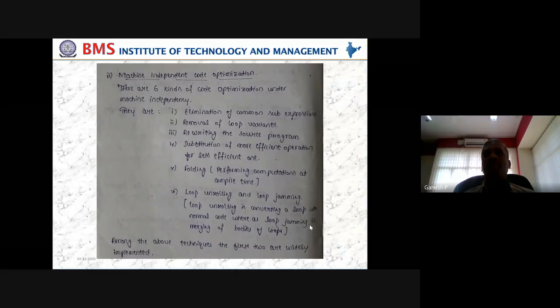Is it possible to eliminate some common expressions or loop variants? For example, you might have taken a for loop, for i equal to 0, i less than or equal to 10, i plus plus. At the same time, you write for j equal to 1 something. So let us say in Ada also we might be using extensively these two to three levels of for loops.